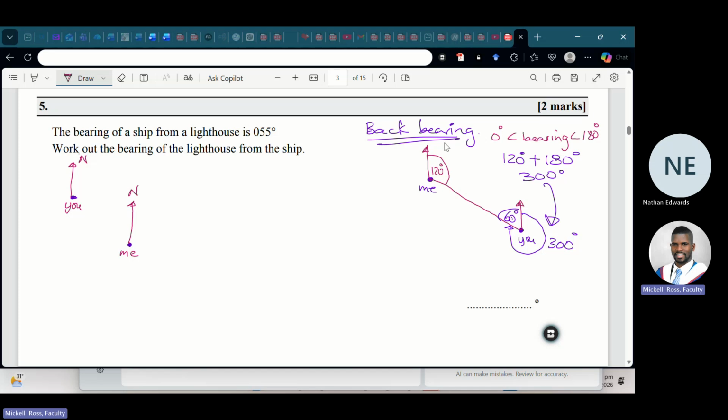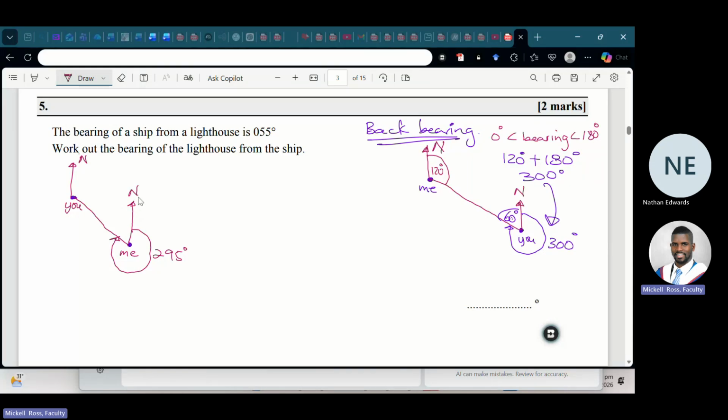I never wrote the north sign. You have to always identify the north sign. Same thing, I'm looking at you, and say, for instance, this bearing was given to be, say, 295. So I'm looking at you. I'm standing up here, I say, hey, what's up? And I'm looking over at you.